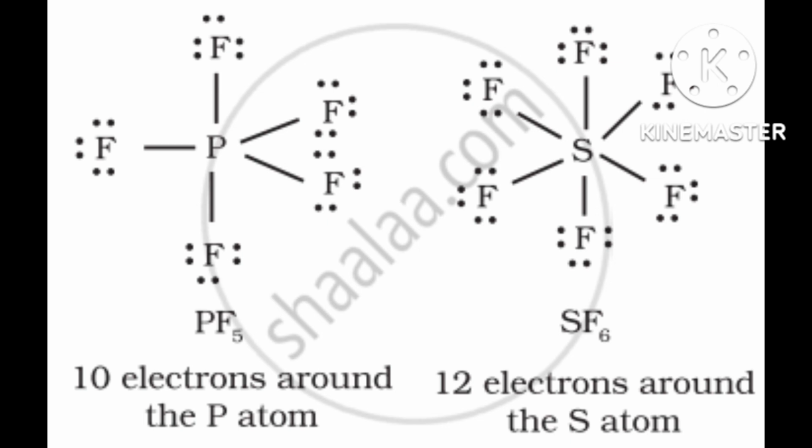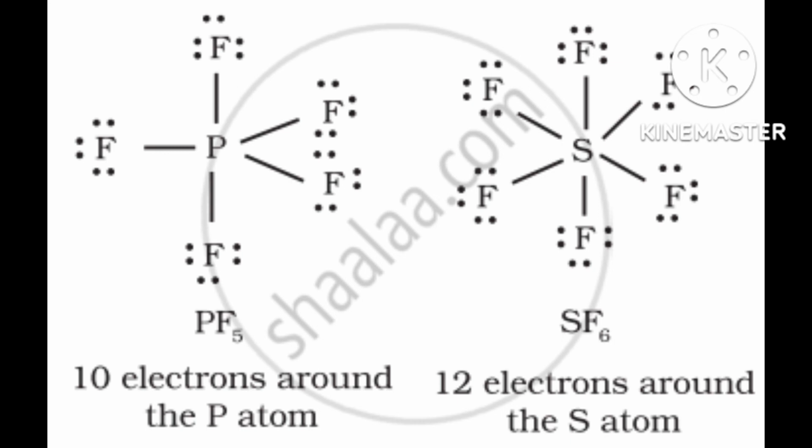Out of 7, now on each chlorine 6 are remaining, and on sulfur 4 are remaining, because 2 have been used in making the bonds. But in this case the octet is completed, because 2 pairs remain, meaning 4, and 1 pair from each chlorine atom, left side and right side, means 8 electrons. This is the exception where sulfur is maintaining 8 electrons.